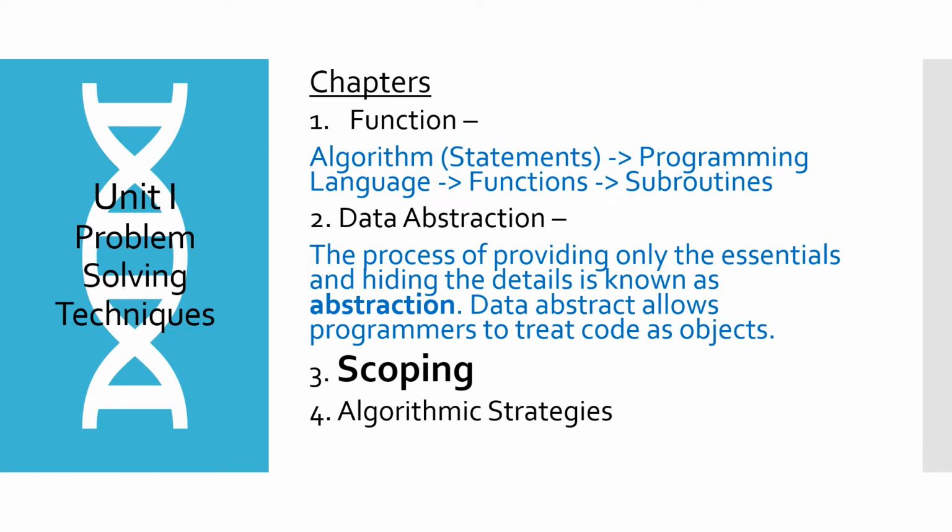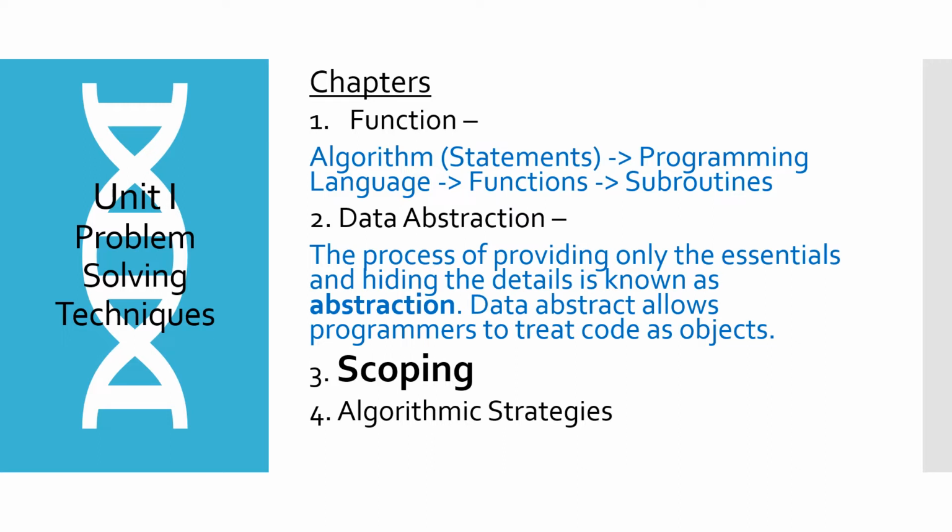It's nothing but a process of providing only the essentials and hiding the details. And data abstraction normally allows programmers to treat code as objects. It helps to build a structure for a data operation in a computer programming world. As we go through more chapters about Python programming, you'll try to understand more.